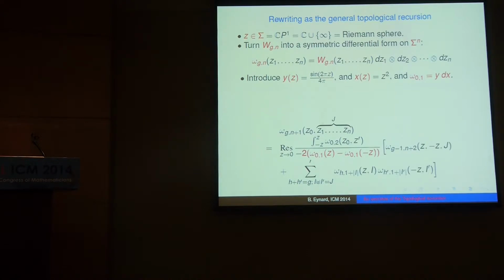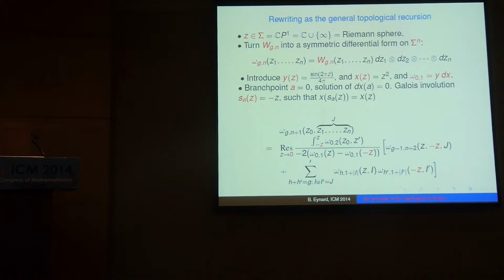It's why we take a residue at 0, and why we have a minus z appearing in many places. So it remains to understand what the 0 and minus z are. Well, the 0 here, in fact, comes from the zero of dx. dx vanishes at z equals 0. And so in general, instead of taking 0 here, I will take the residue at the zeros of dx.